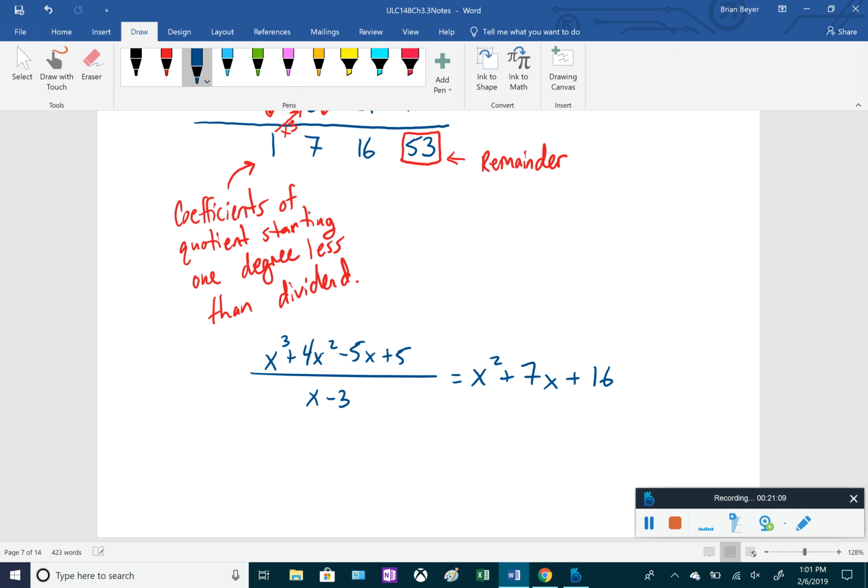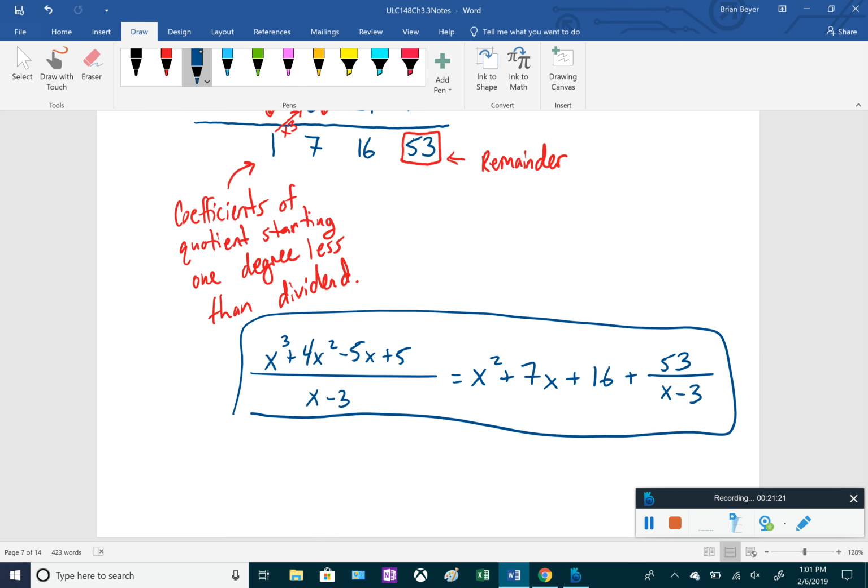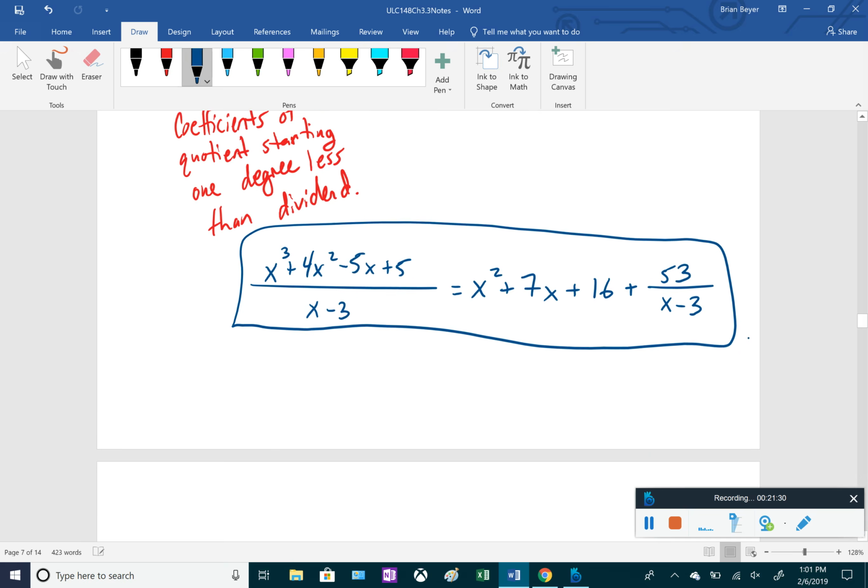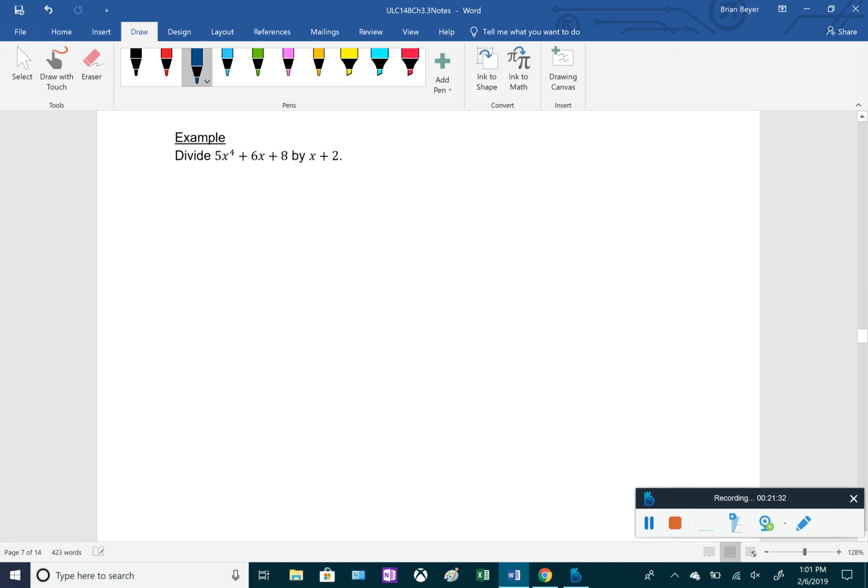So you can see how we just go right down with the degrees, degree 2, degree 1, degree 0 for the constant, plus the remainder over the original divisor. So probably didn't seem that short just because I had to explain every single step, but that's how you do synthetic division. So let's do a couple more, do 2 more of these ones.